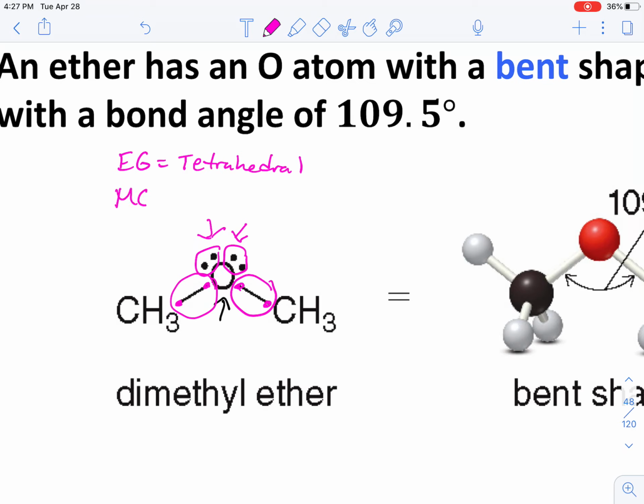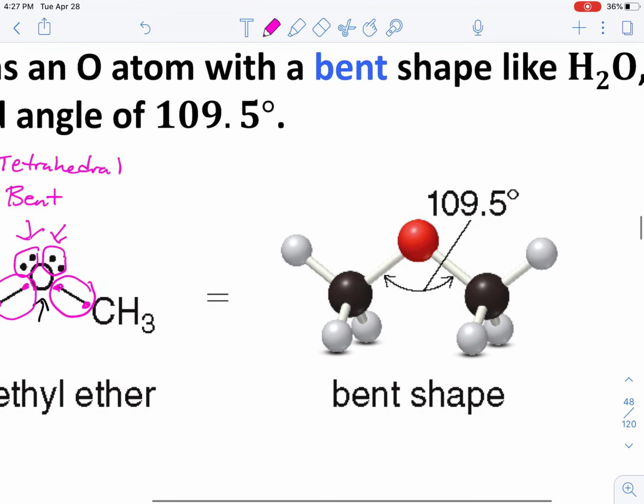The electron geometry is going to be tetrahedral. However, if we're talking about the molecular geometry, it's simply going to be bent. And if you are talking about the bond angle between the two, it's going to be less than 109.5 since we have this bent shape.